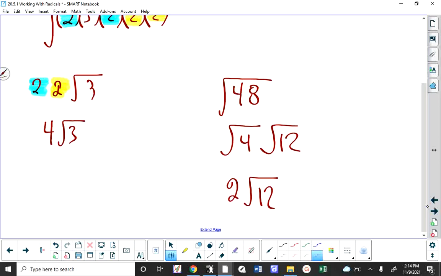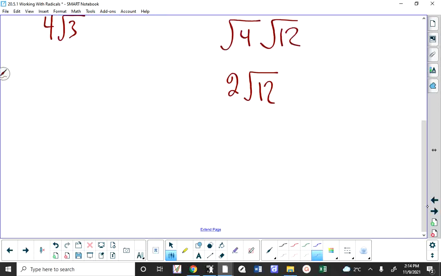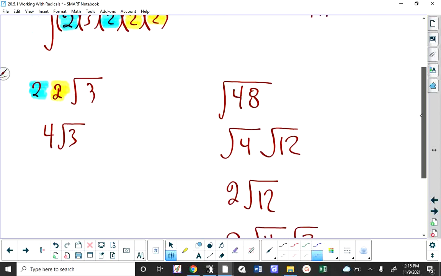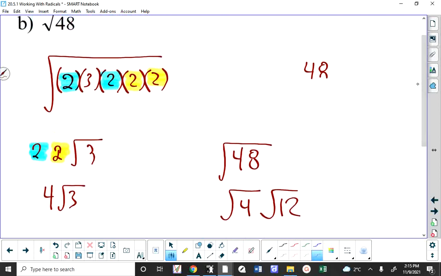But the problem with that is there's still more work to be done because root 12 can be taken further. And then, bear with me here, you can write this as 2 and root 4 root 3, because 4 times 3 is 12. This becomes 2 times the square root of 4, which is 2, times root 3, which is 4 root 3. And to that student, the amount of work they've done is a lot more work than what I did over here on the left.